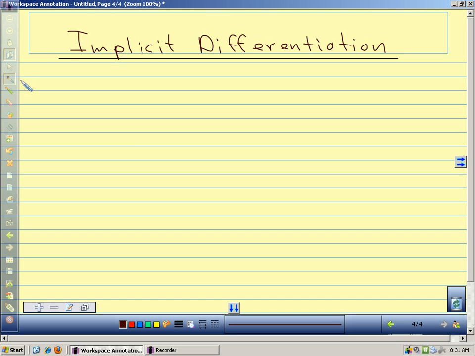We didn't have f(x) equals x squared plus 3x plus 5. We had some function like (x squared plus 2xy plus 3y squared) over xy, and we wanted to find dy/dx for that particular function.